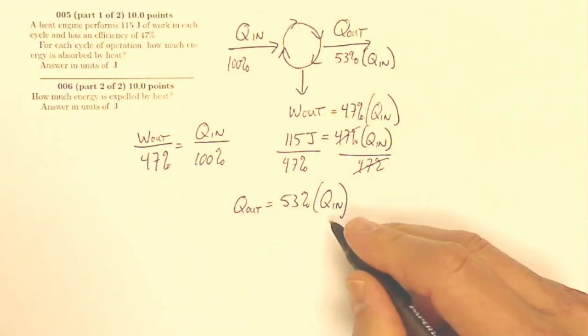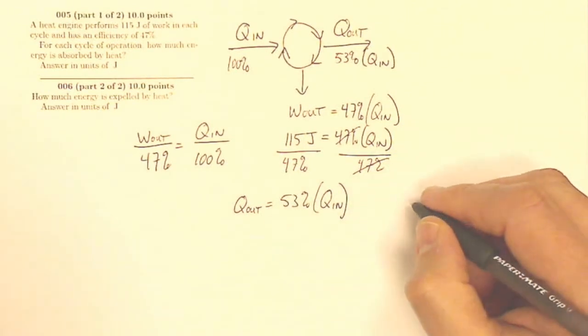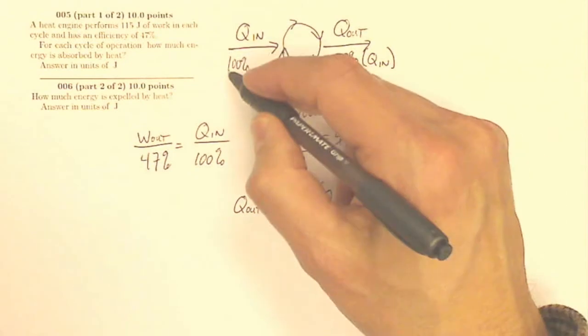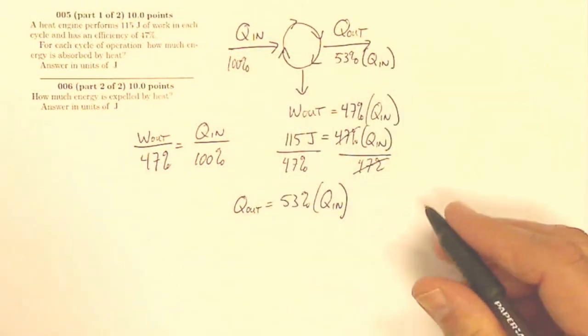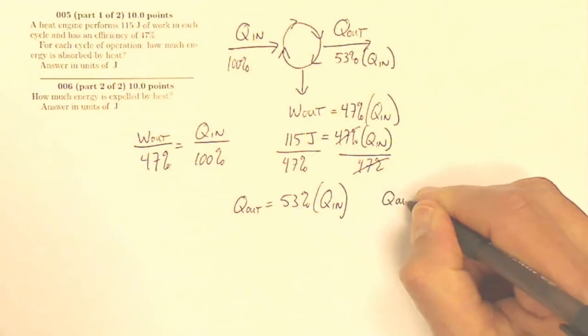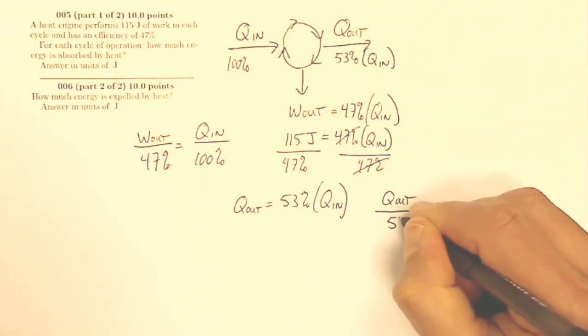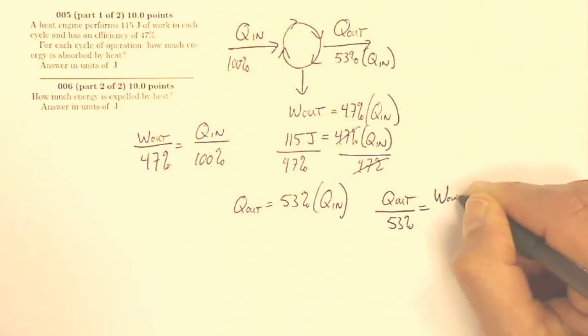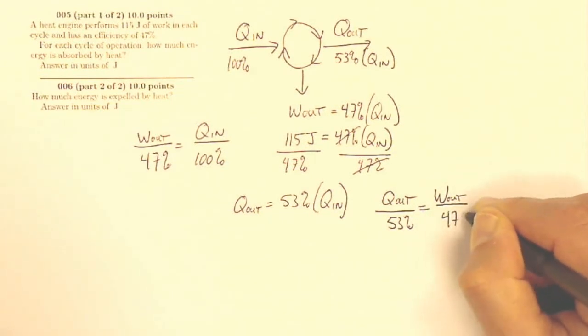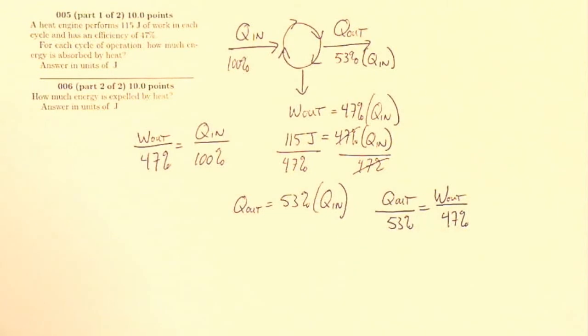Otherwise, you could do any ratio, either this ratio or this ratio or this ratio. So I could say that Q out is to 53% as work out is to 47%. And that would give me the answer as well.